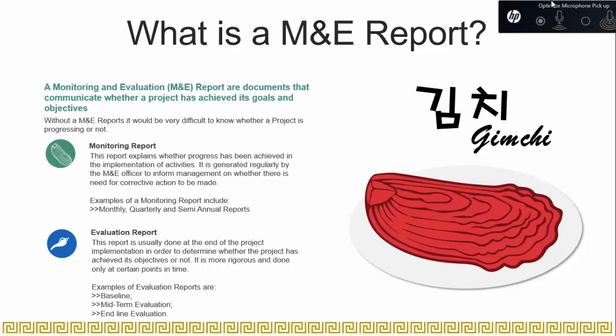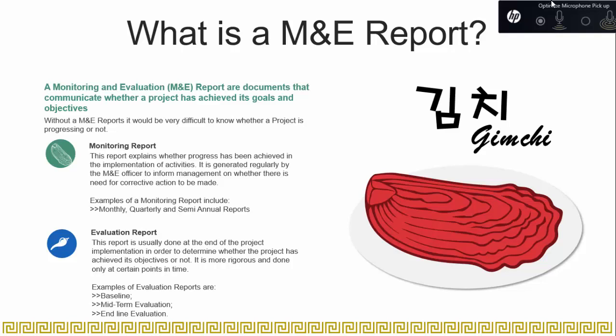But I must also mention that there are certain cases when the M&E officer actually conducts an evaluation, and that is what is called an internal evaluation. This is a report you don't share with stakeholders. It's just for your internal use, so that you prepare yourself for the real evaluation where the independent person comes in.